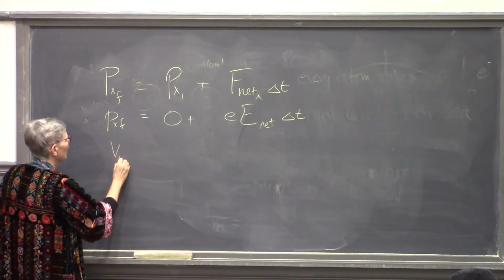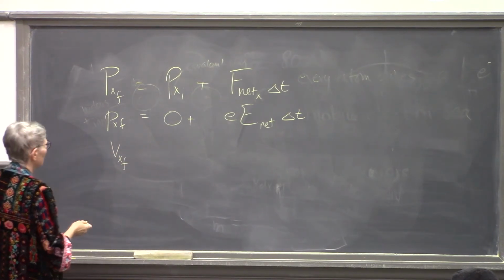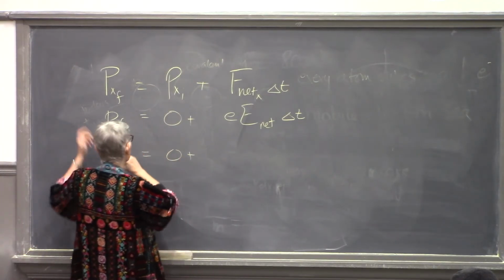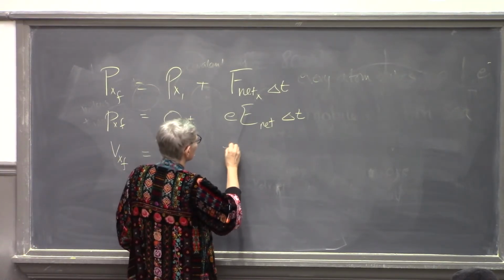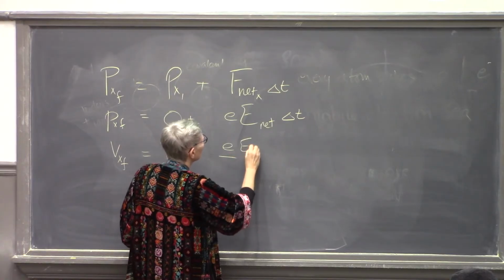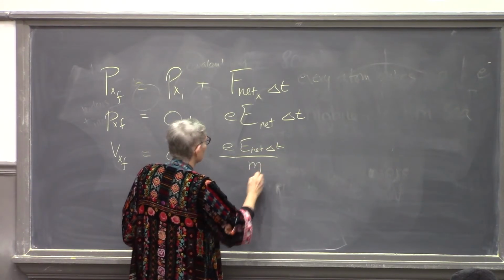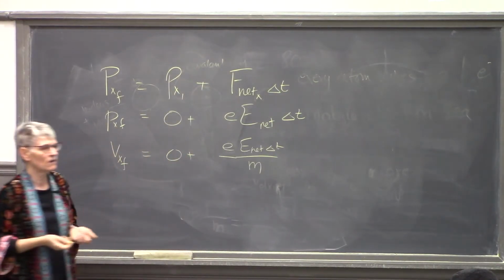So v final in one of these time intervals is going to be, dividing through by m, E net delta t over the mass of the electron.